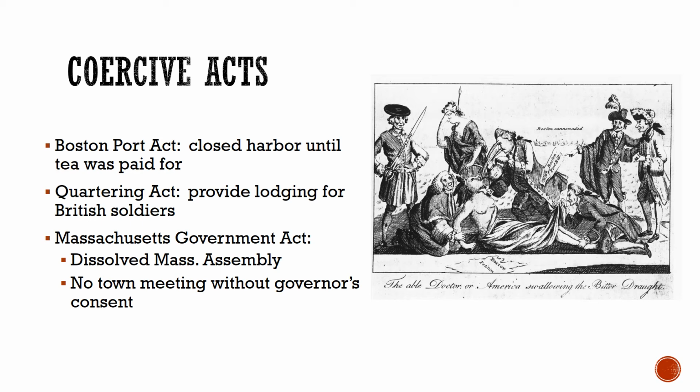The Coercive Acts were designed to isolate Boston and Massachusetts from the other colonies. So the idea was, if we punish Massachusetts, we make them an example, and hopefully the other colonies clean up their act. Instead, this pressure on Boston actually helps to bring the colonies together.